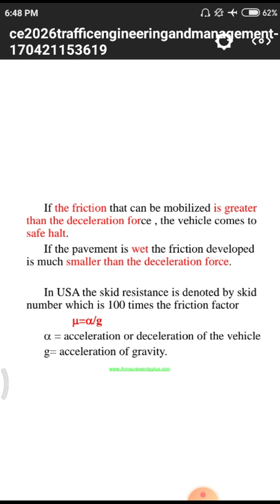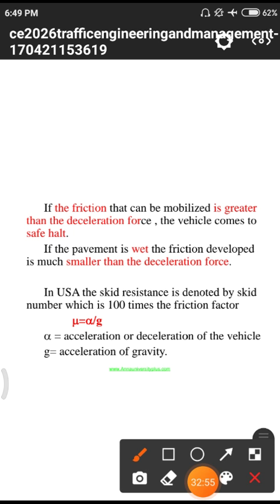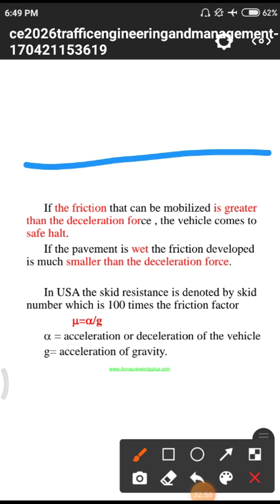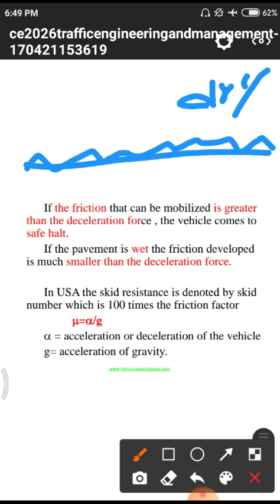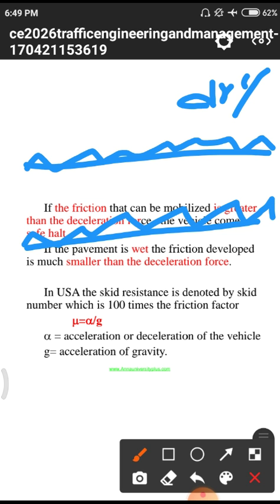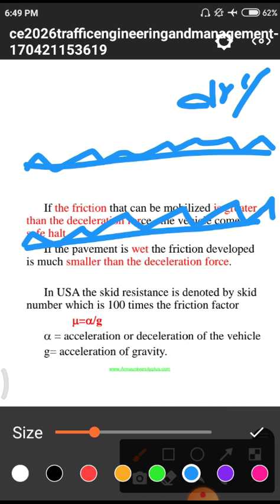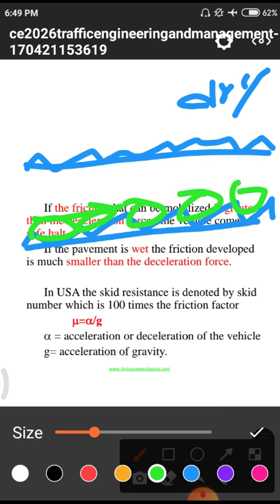Why? Because dry means, I will show, this is the total surface. In this surface we have some irregularities, so that it is in dry condition. If it is a wet condition, automatically these irregularities, I will show with another color, are filled with water molecules, and they create a flat surface.